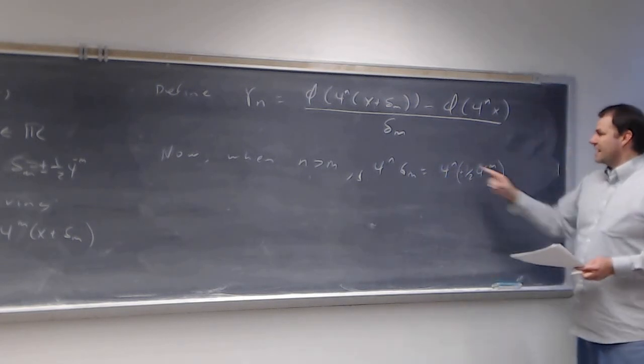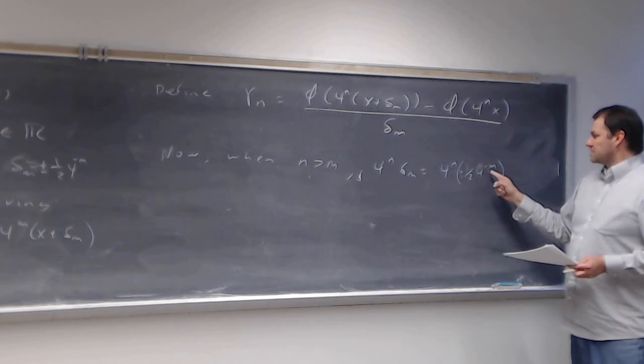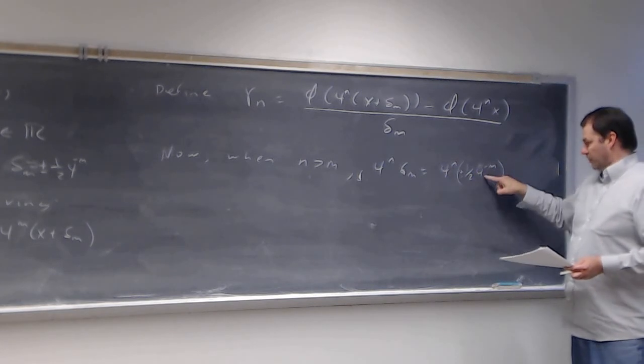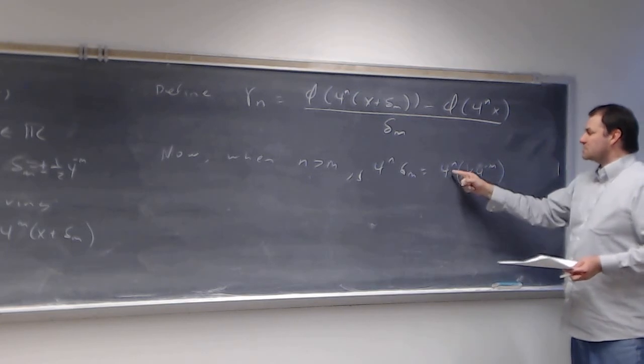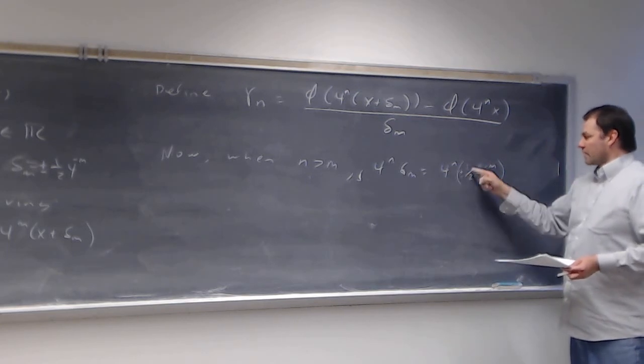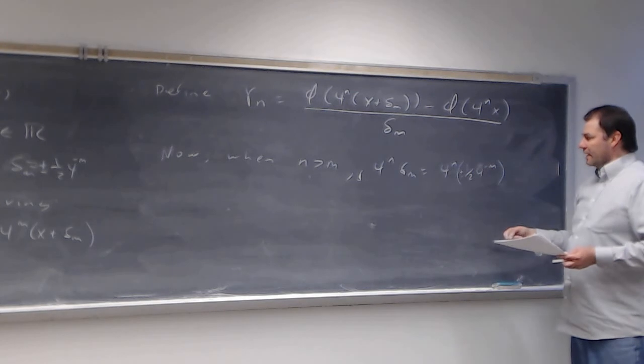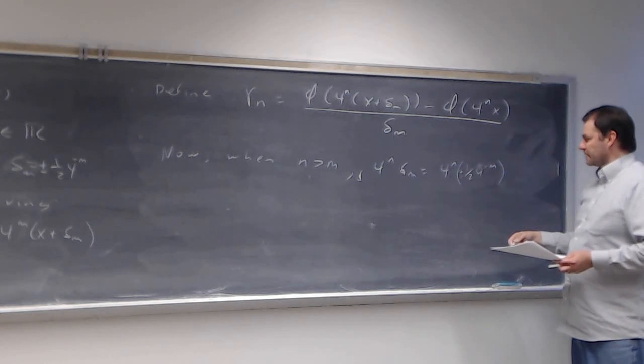Now look, we're saying n is bigger than m, and so this is at least going to be 4 when we multiply by plus or minus 1/2. What we're going to get is something that is going to be an even integer.